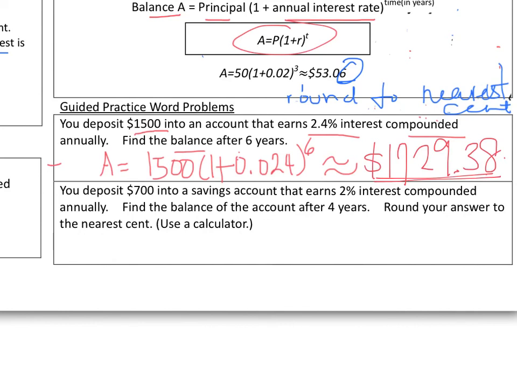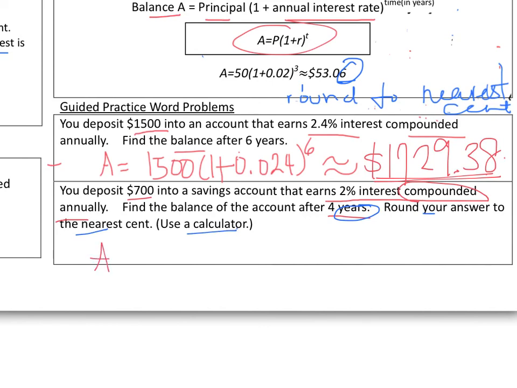Let's look at the second problem. You deposit $700 into a savings account that earns 2% interest compounded annually. Find the balance of the account after 4 years. And I want to remind you guys that it has to be in years. So if you're given months, you got to convert it to years. And then round your answer to the nearest cent. Use a calculator. Okay.